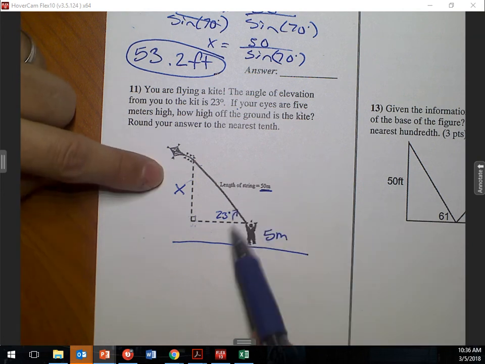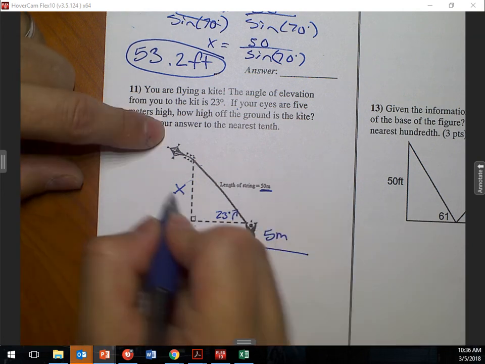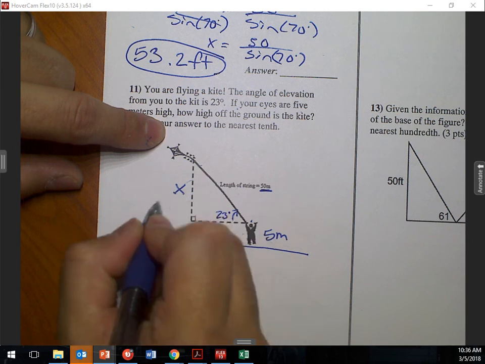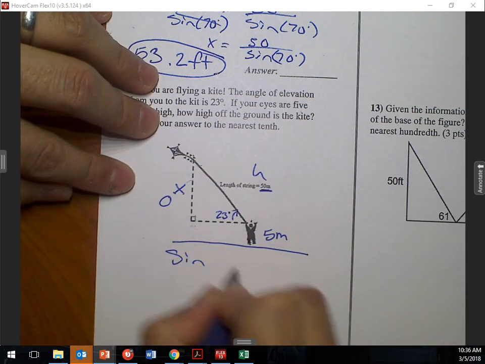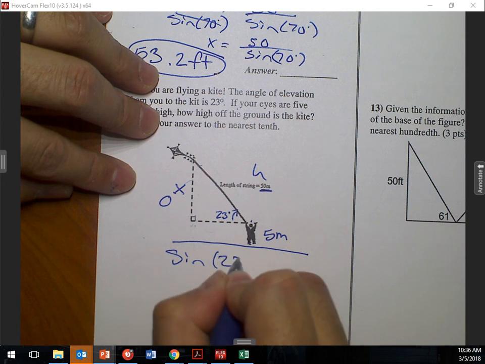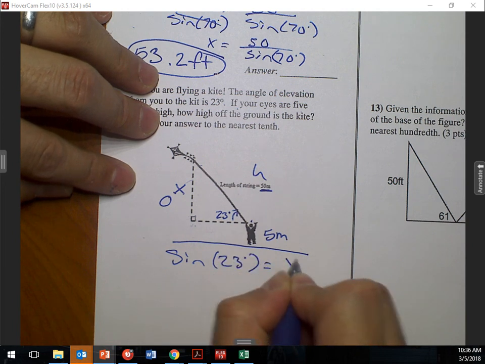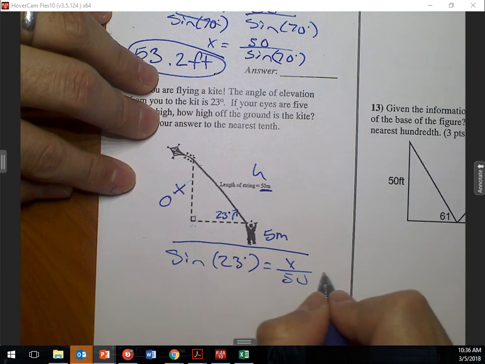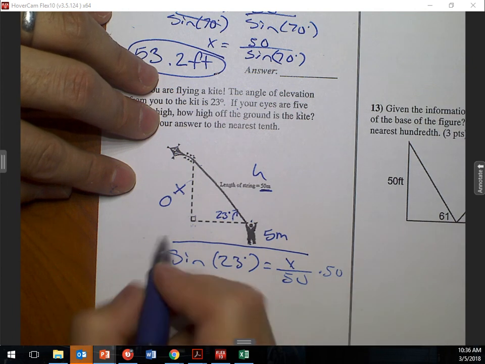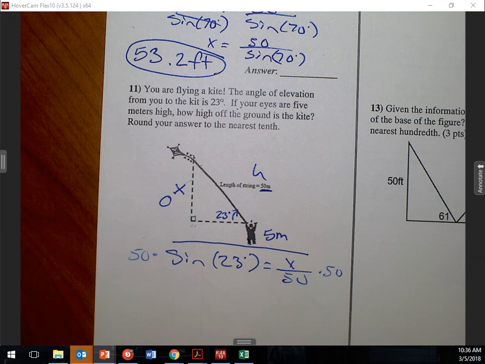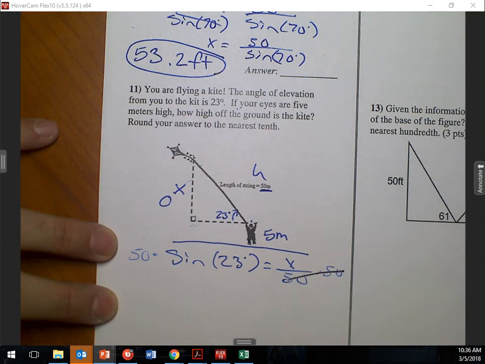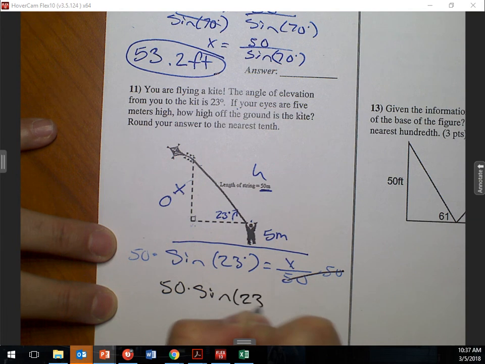So let's take a look. From this reference angle, this side is? It's going to be sine, yes, so it's opposite and hypotenuse. Sine of 23 degrees is equal to x over 50. Multiply by 50. So it's going to be 50 times sine of 23 degrees is equal to x.